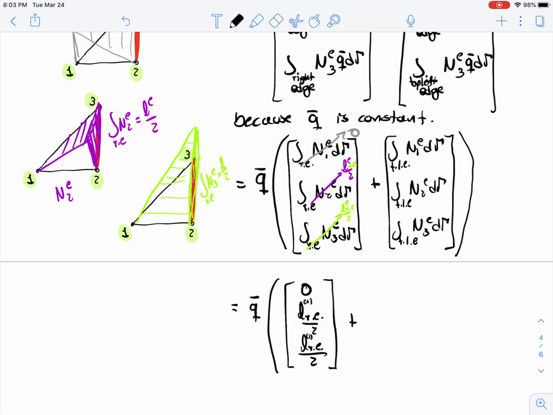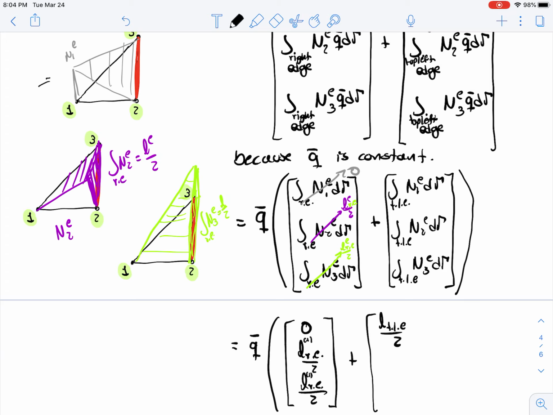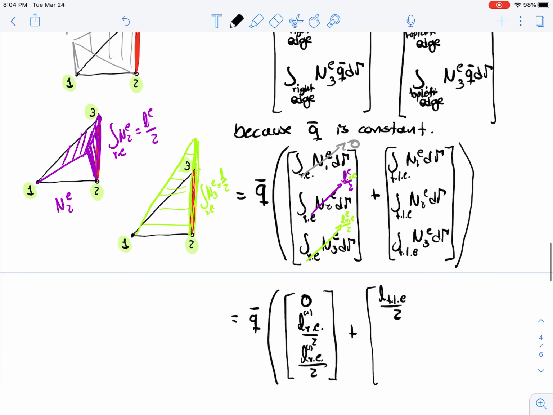And then for the other one, this is the top left edge, and I can tell you that shape function 1 is non-zero over that edge, so this will have length of the top left edge over 2 for shape function 1. You can see that function 2 is 0 over that edge, so here I'm going to get 0, and then here I'm going to get length of the top left edge over 2 as well.